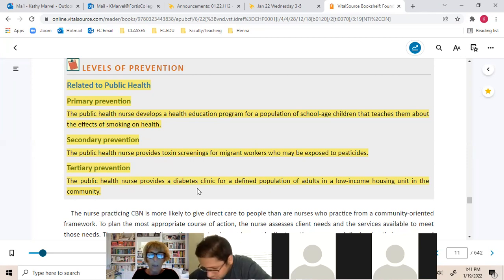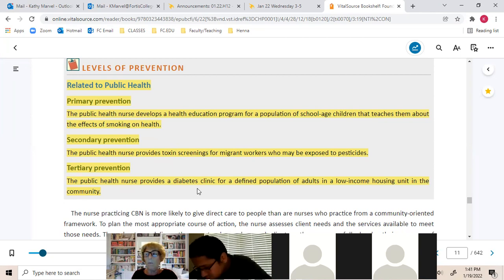The public health nurse here provides tox screenings for migrant workers who may be exposed to pesticides. And then tertiary: they already have the illness, they already have the disease. We're trying to help them manage it, control it, stop the spread, stop the progression.